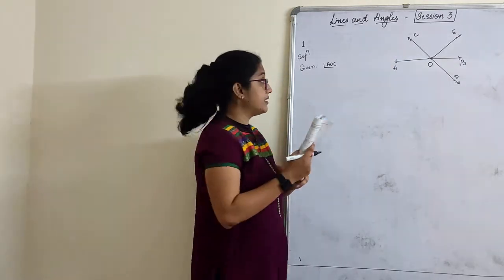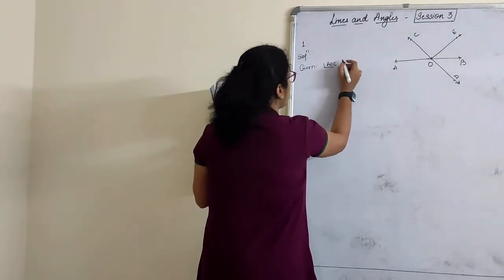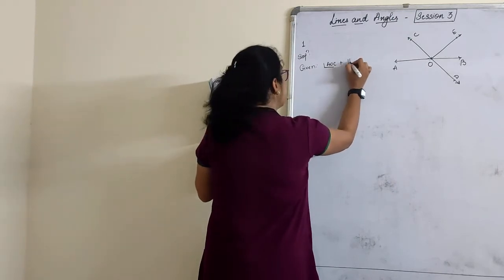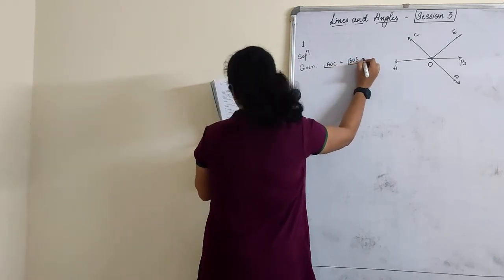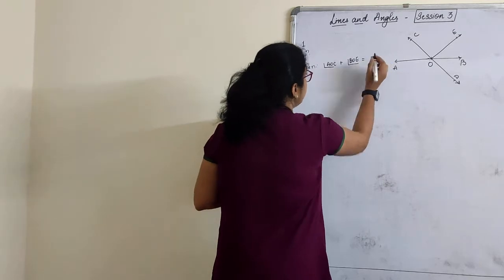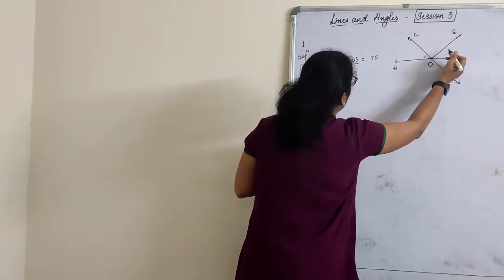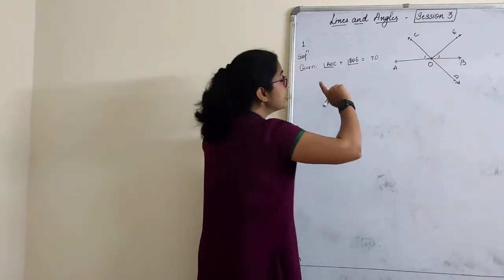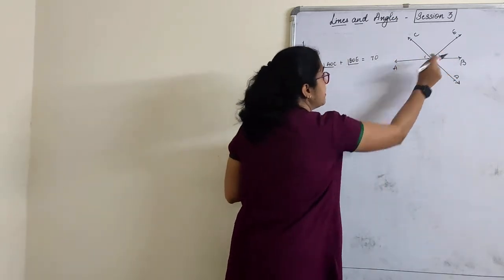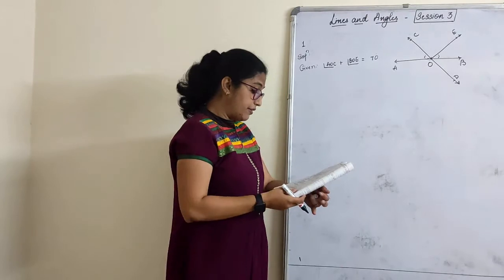So angle AOC plus angle BOE is equal to 70 degrees. That is this angle, AOC, and angle BOE. The sum of these two angles is 70 degrees, which is given.